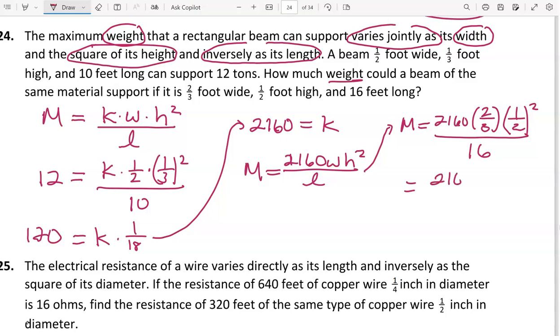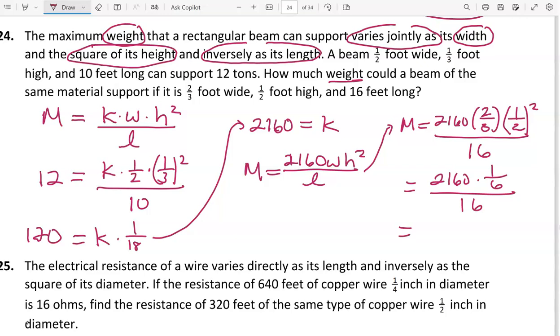So again, we may want to use the calculator here for some of these computations. 1/2 squared is 1/4 times 2/3 is 2/12 or 1/6. And then that's divided by 16.